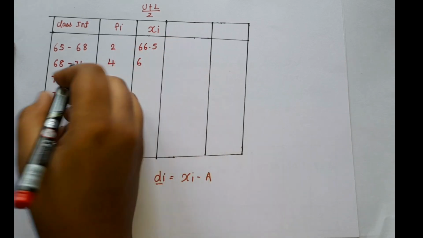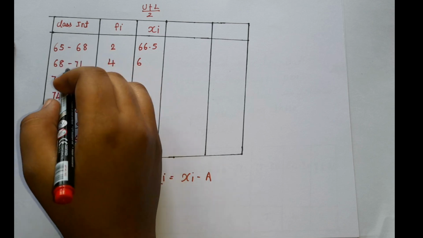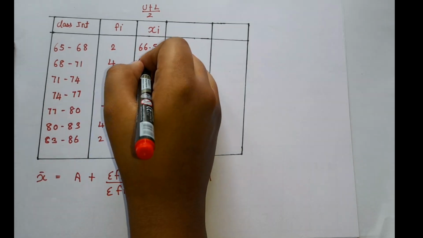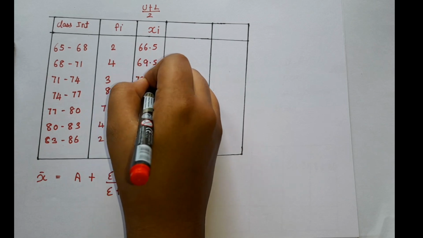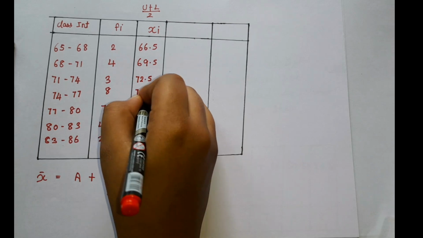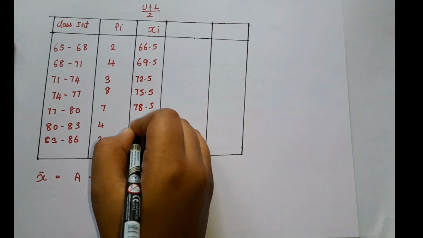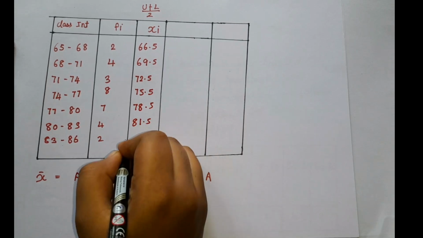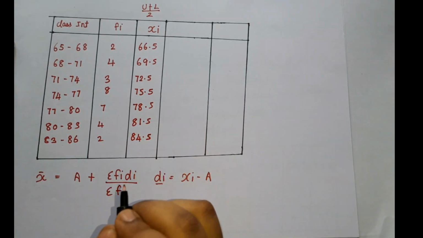Then applying upper limit plus lower limit divided by 2, we'll get 69.5, and here we'll get 72.5, then 75.5, and here 78.5, 81.5 and 84.5. Like this we'll get the xi value.